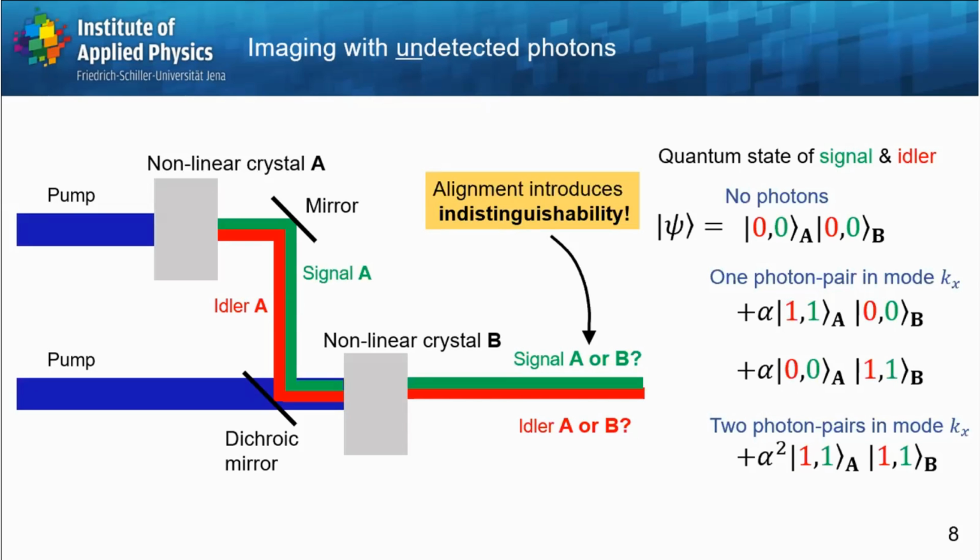But there's also a last possibility, that two photon pairs are created, one in A and one in B. However, this last term scales with the square of this small term, which is much smaller than 1. So this is normally 0.